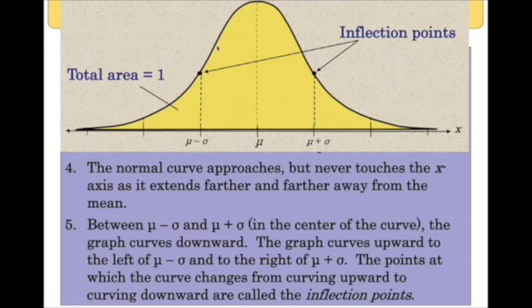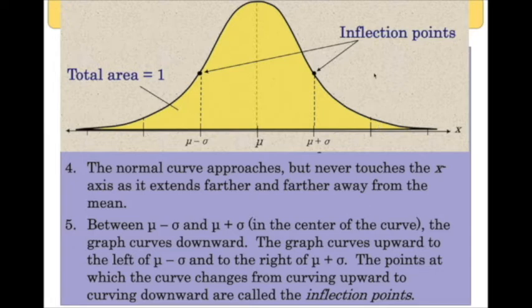The graph curves upward to the left of mu minus sigma; this part, the curve opens upward. Similarly, to the right of mu plus sigma, the curve opens upward.